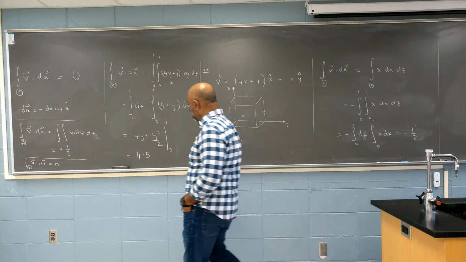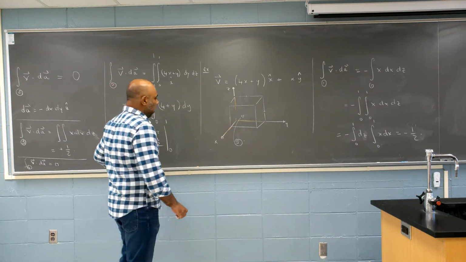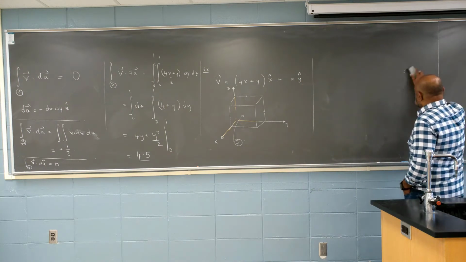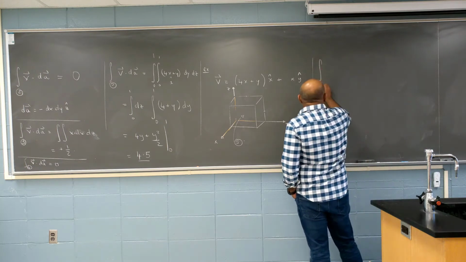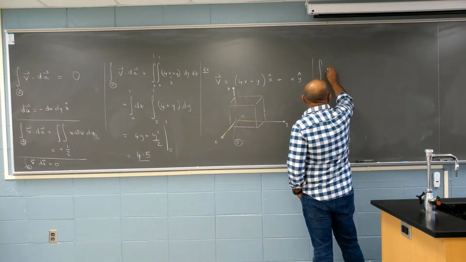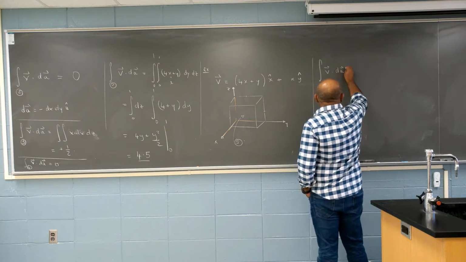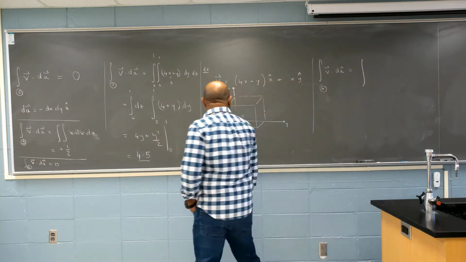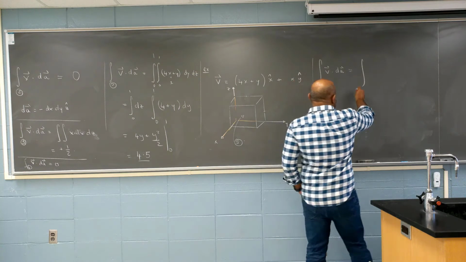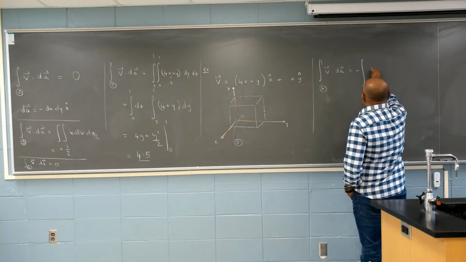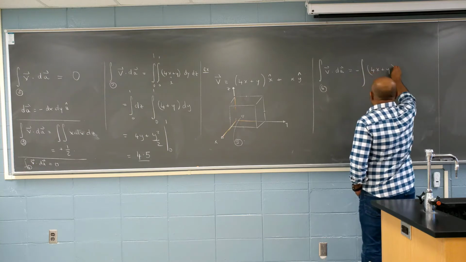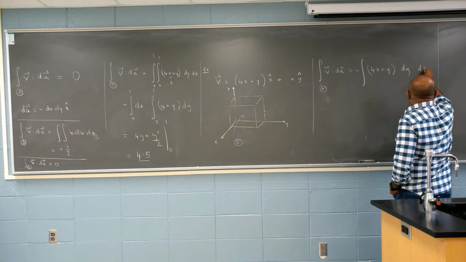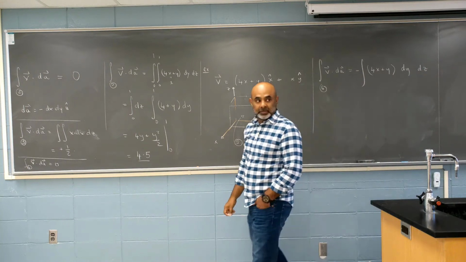Okay, we have one more integral left. The backside. There are 2 differences in the backside. First of all, my normal is going to be minus x hat. And then 4x plus y is a dy dz. Except what's the value of x on this guy?